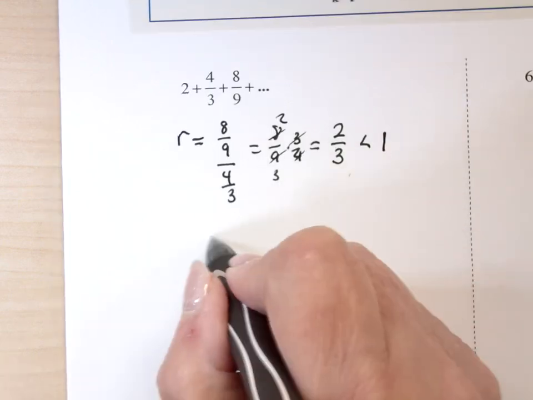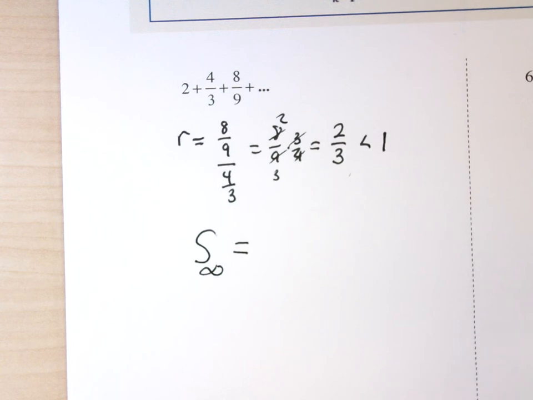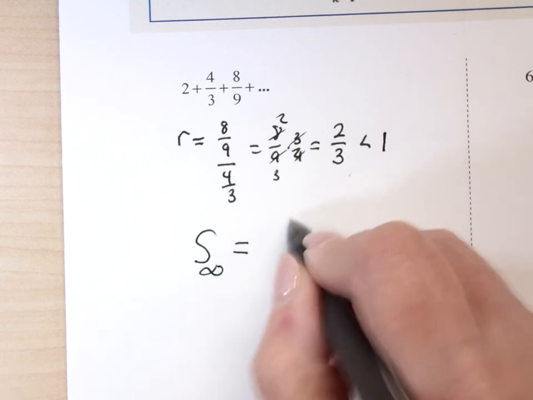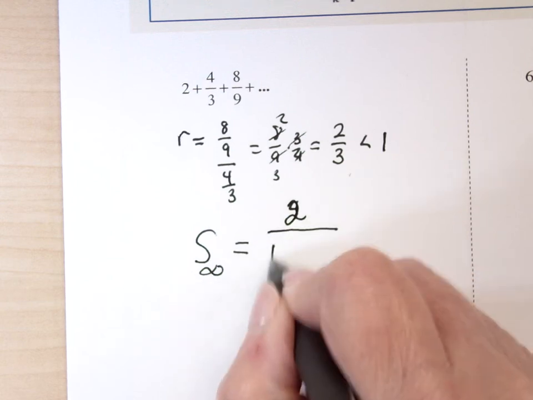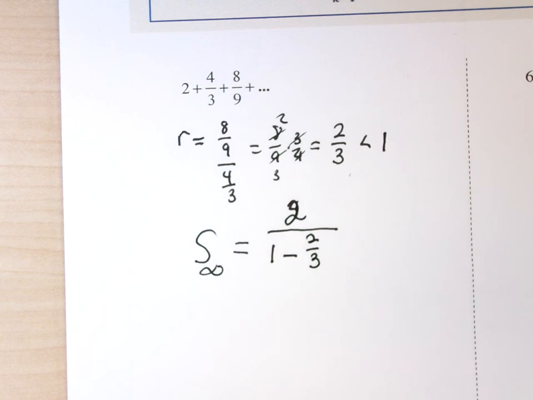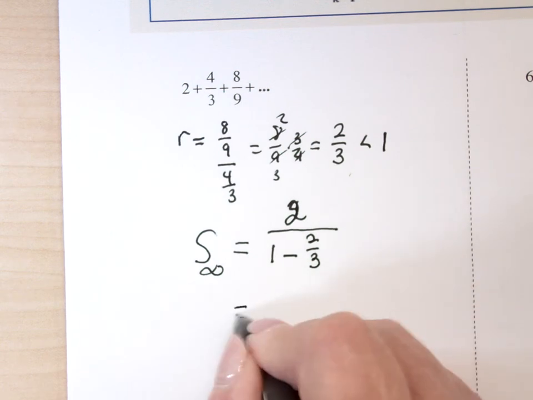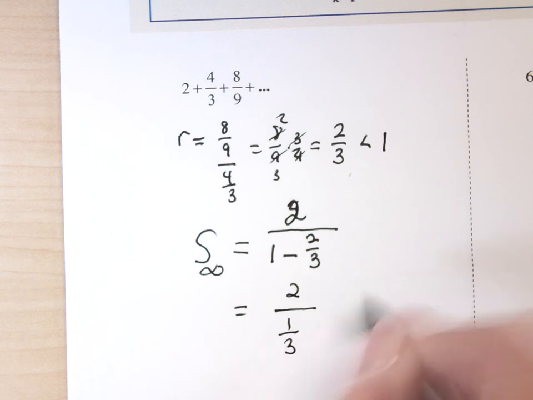So in this case s sub infinity is a sub 1, which is 2, divided by 1 minus r, which is 2/3. That is 2 divided by 1 minus 2/3, which is 1/3.